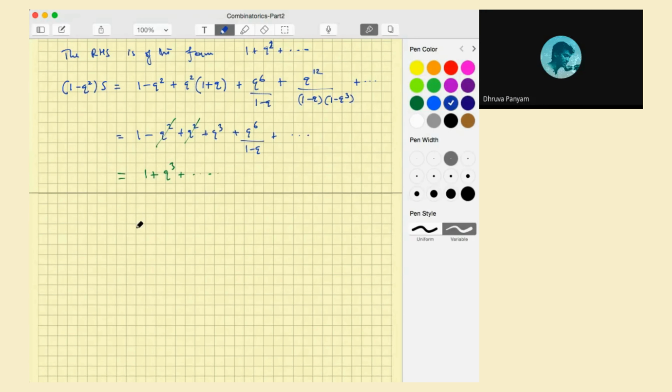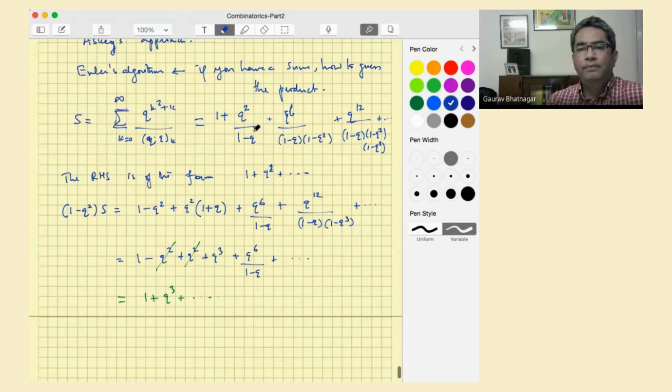Professor, could you go over the first step of how we got the form? Are we just expanding the whole sum? So it's 1 plus q square over 1 minus q.